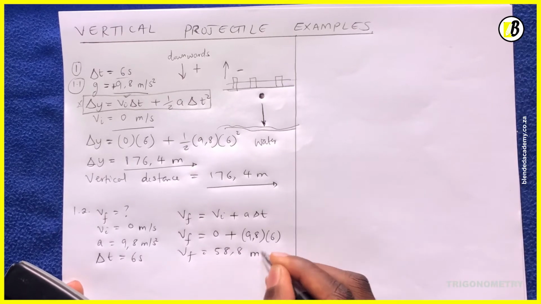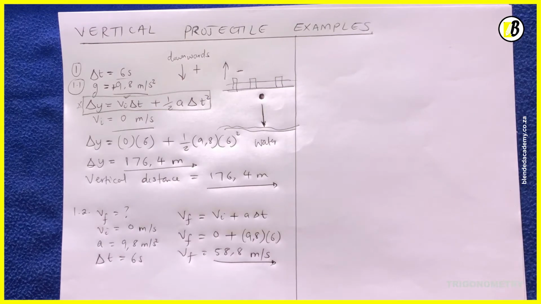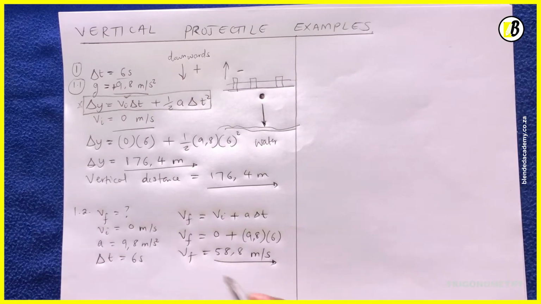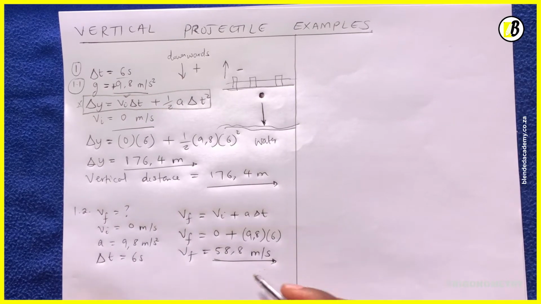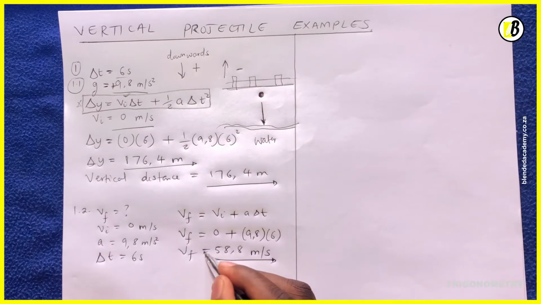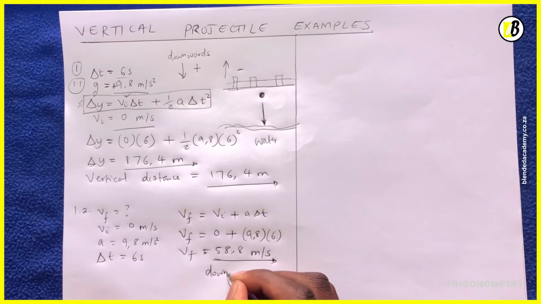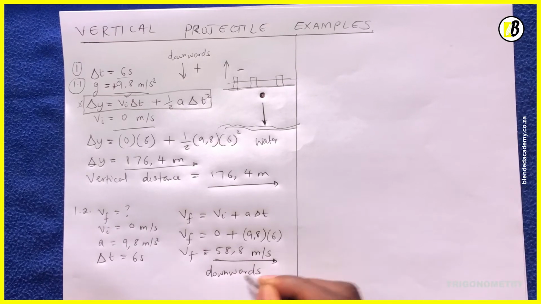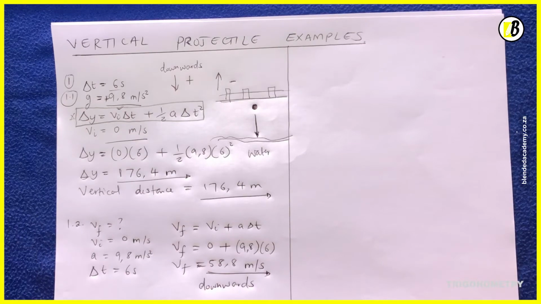You need to be careful when writing such quantities. You need to put in your SI units, because if you don't, you get penalized for that. And since it's a vector quantity, you need to put in your direction. So this velocity is going downwards. So it's 58.8 meters per second downwards, since this stone is falling from the bridge towards the water below the bridge.